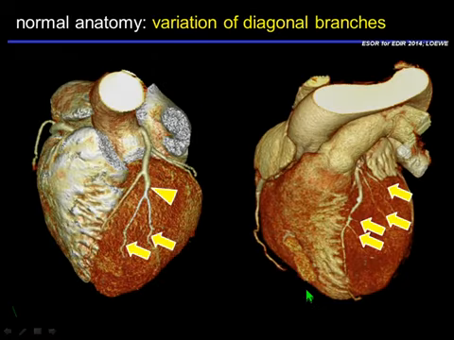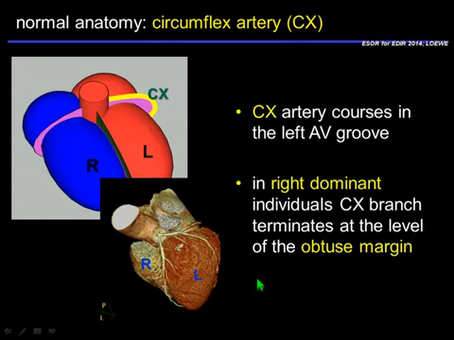There is a huge variation in the diagonal branches. We can have only one branching again into some branches of the first diagonal, or we can even find two or three diagonal branches. It is very important to describe any anatomical variants within your report.